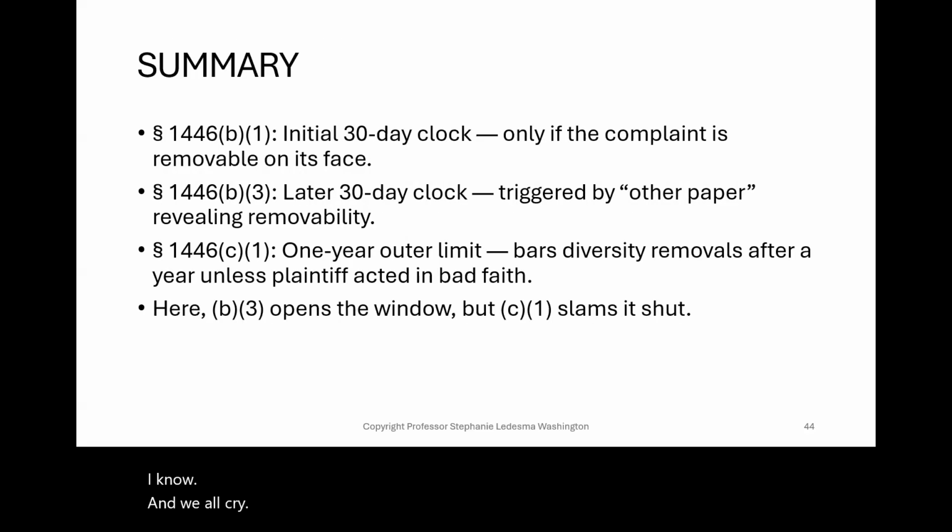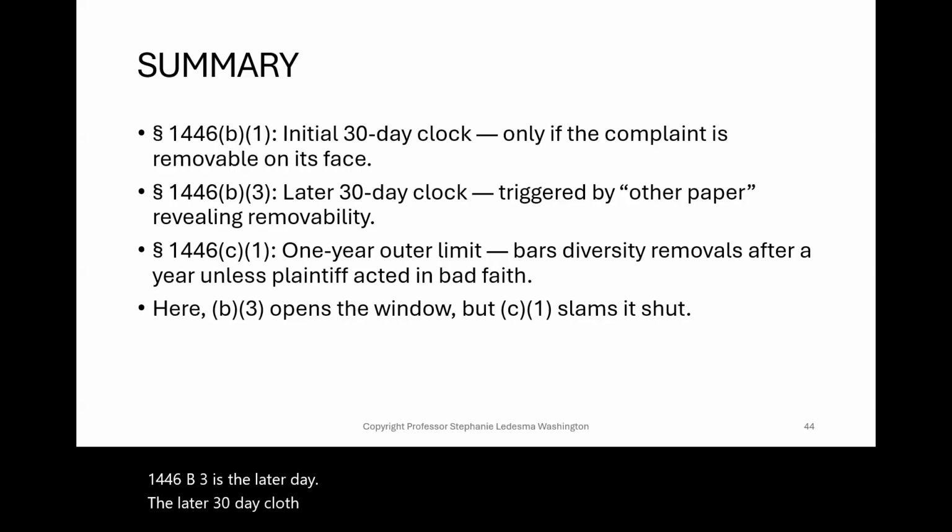So how are we going to end our journey through 1446? This is how we're going to end it. 1446(b)(1) is the initial 30-day clock, meaning that's the clock we go by if it was initially removable. 1446(b)(3) is the later 30-day clock.